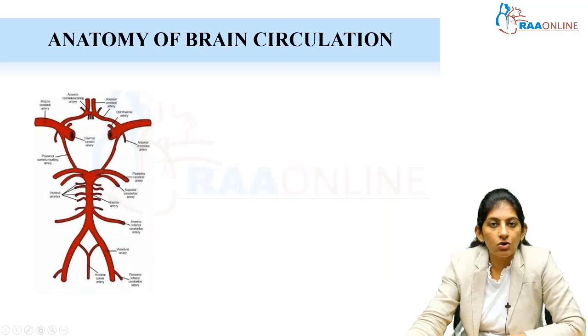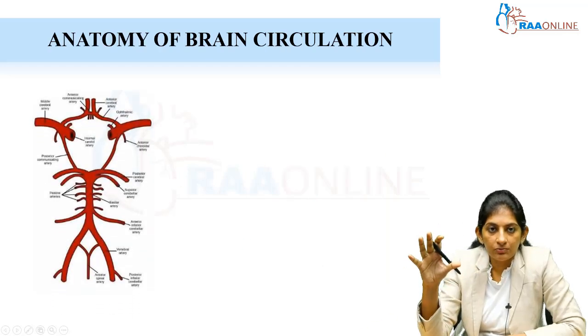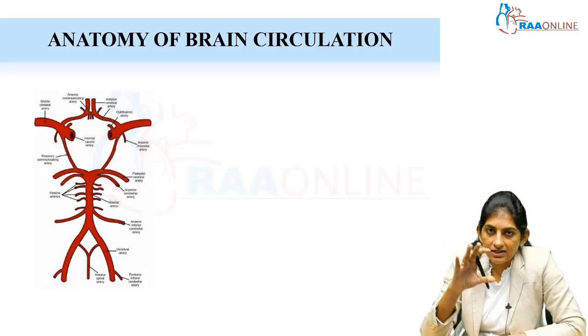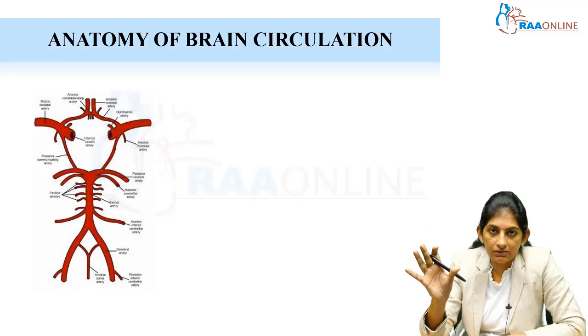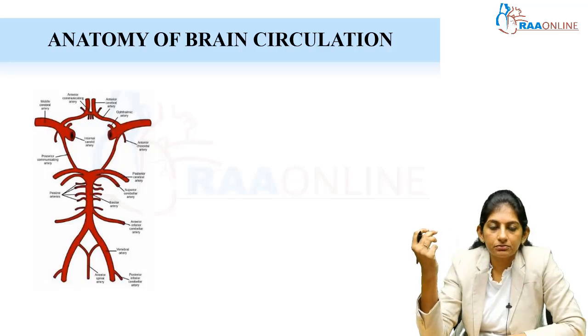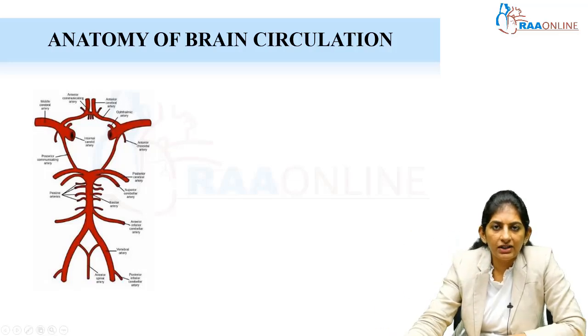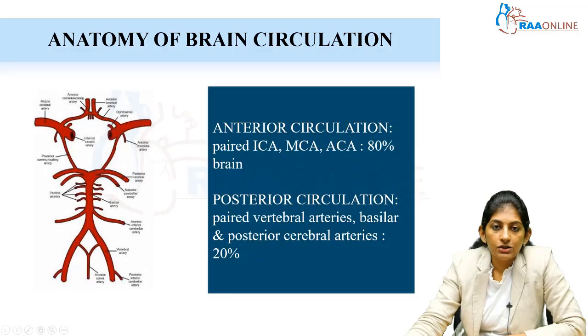Before going on to the approach to stroke, we will see some slides about the circulation. This is just to refresh your knowledge about the brain circulation. Not a very detailed one, but we all need to know it. The brain circulation is divided into anterior and posterior circulation.